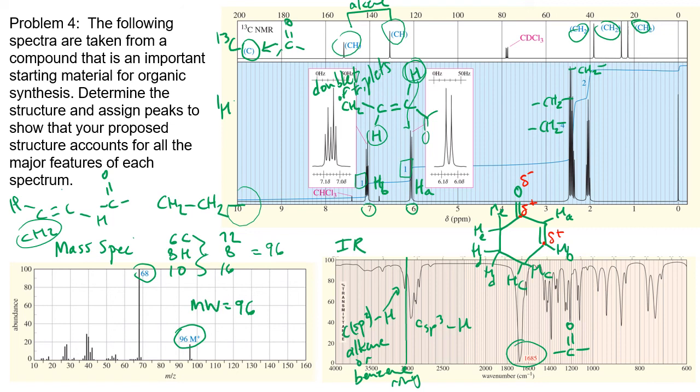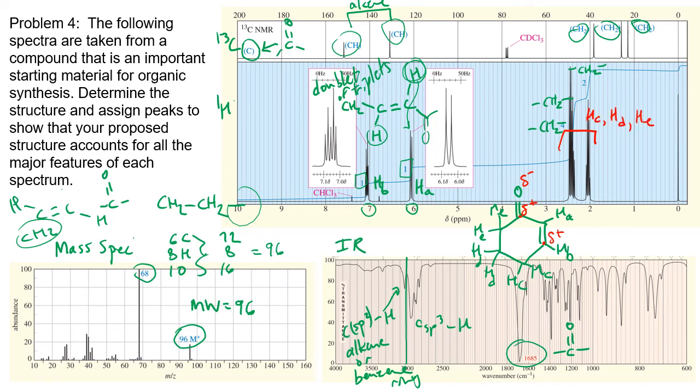So it makes sense that HB would have a higher chemical shift because it's more electron deficient. So it's going to be deshielded. All right, and then these 3 groups must be HC, HD, and HE. And let's not worry about assigning those for now.